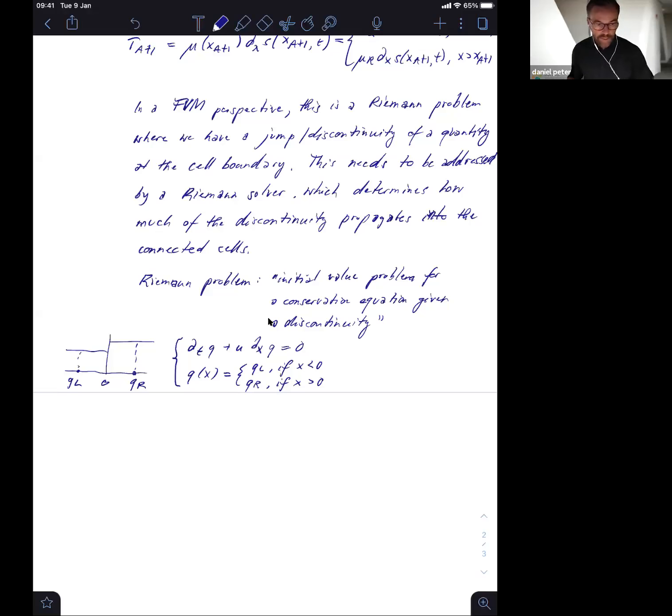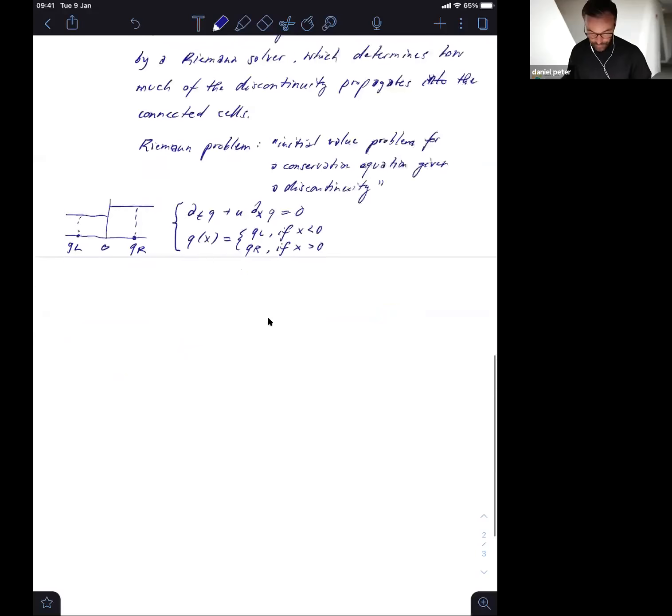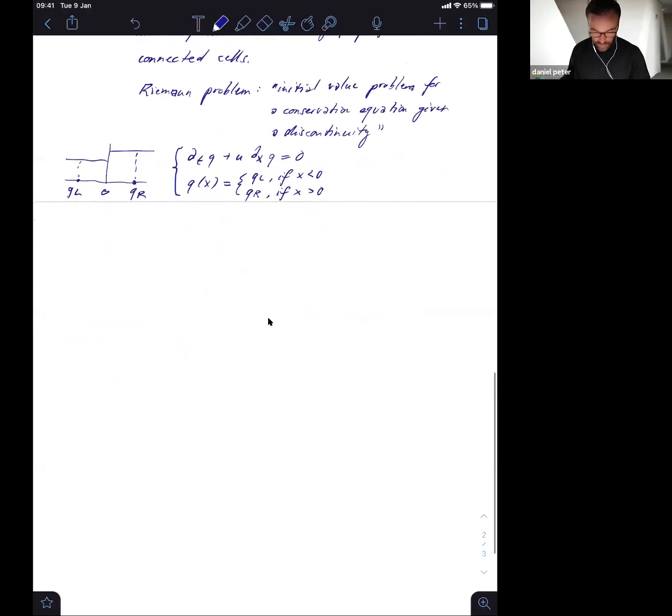So for us, for the 1D wave equation problem, with this jump, we can also look at it from a physics perspective. For our wave equation problem, let's call it a physics perspective.